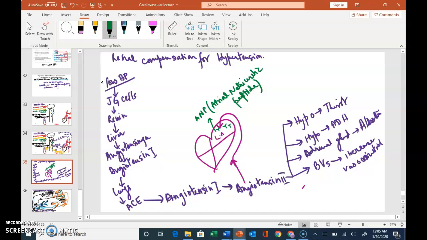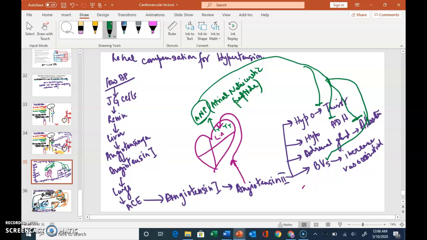Now, why is this relevant? Whenever this ANP protein is released from the atrium, it will go to all those places where angiotensin 2 works, and it will inhibit all of those. It will inhibit ADH, it will inhibit aldosterone, it will inhibit the thirst center, it will inhibit the muscle contraction of the blood vessels.